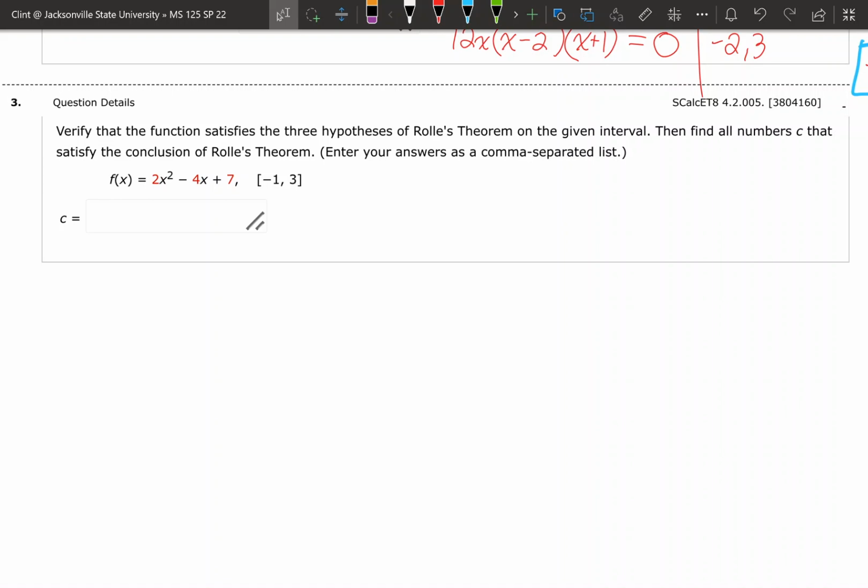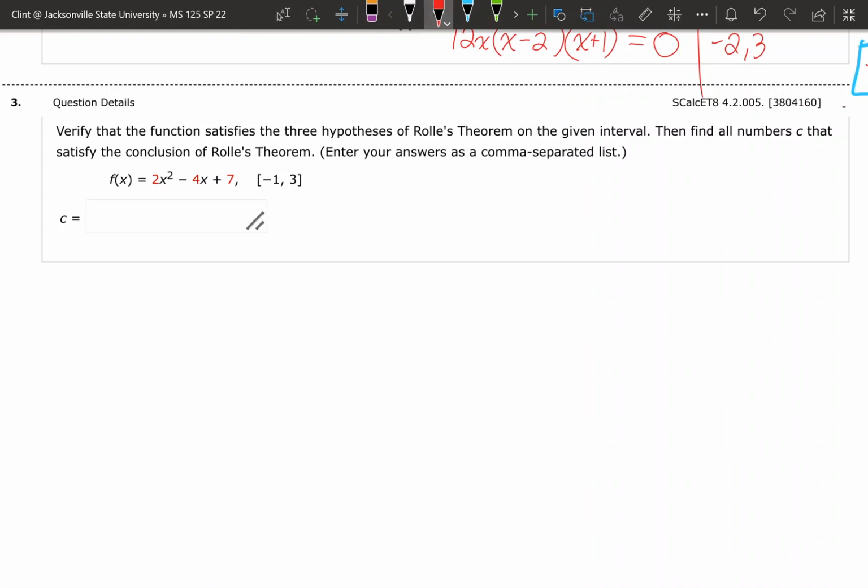It is because it's a polynomial. We need our function to be differentiable on the open interval. It is because it's a polynomial. So really the only one we need to check is the third thing, which says that when we evaluate the function at the 2 endpoints, we get 0.